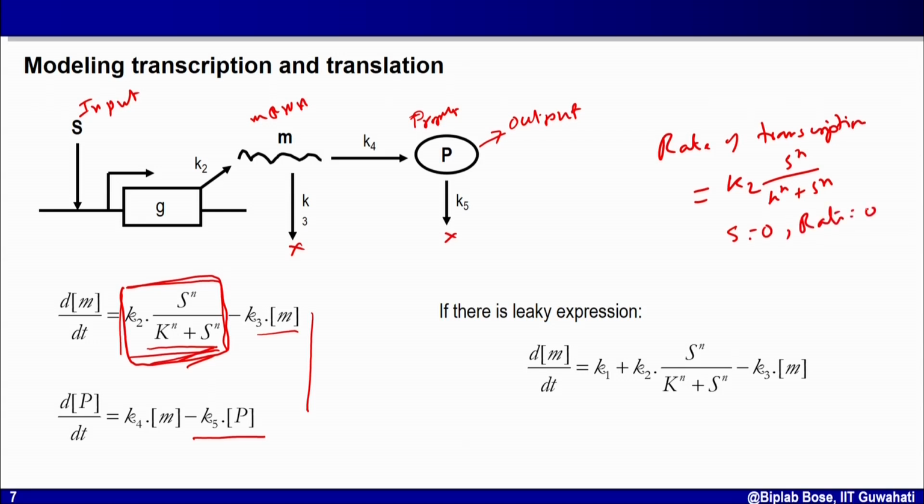That means when there is no signal, there is no production of the mRNA for this gene. So if there is no mRNA, there will be no protein production. But that may not be true in many cases.